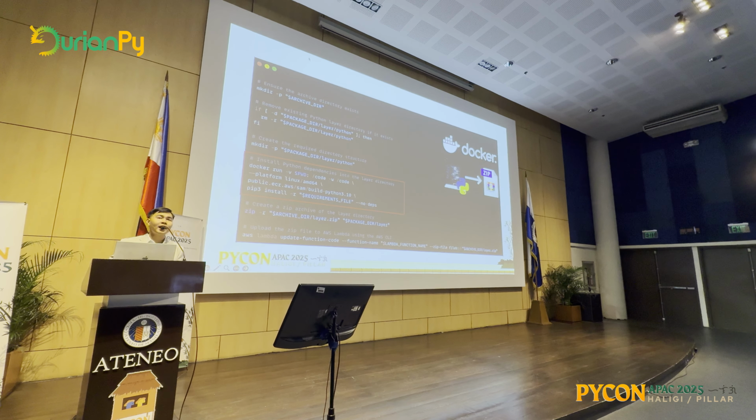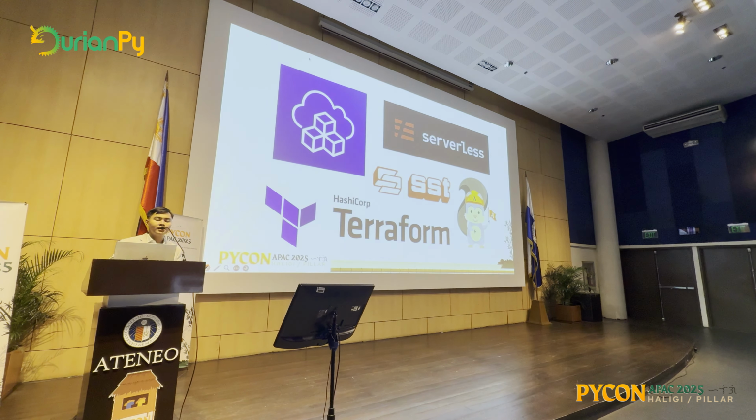That's how we build a Lambda function. All of the current infrastructure as code tools, CDK, Terraform, SST, SAM, whatever it is, that is what happens under the hood: just Python, pip install into a directory, then zip it and upload it to AWS Lambda. It's just like that. So that's the current workflow.